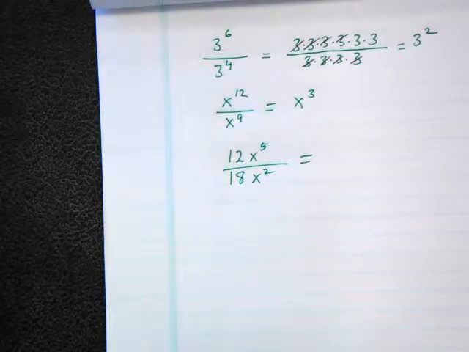What would you do with that one? Well, start with the numbers up front. Can you reduce 12 over 18? Yeah, what do 12 and 18 have in common? Bigger than 3. Bigger than 4 doesn't go into 18. 6. 6 goes into both 12 and 18.